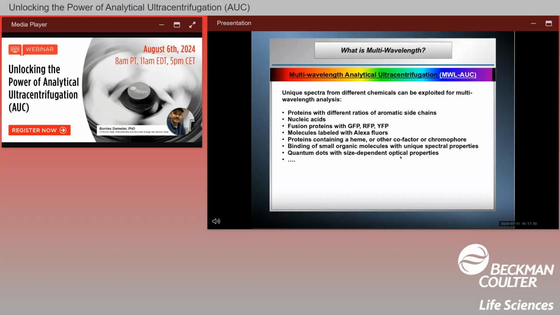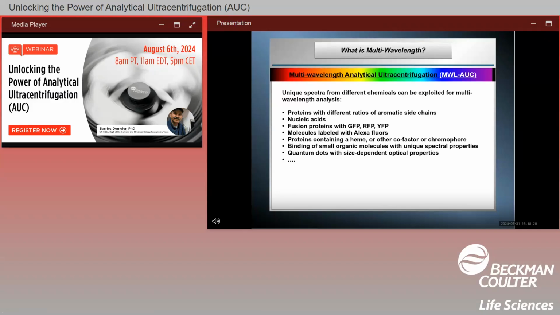So what can multi-wavelengths analytical ultracentrifugation then be used for? We have unique spectra from different chemicals that are mixed together in a solution, and we can then exploit that in our multi-wavelengths analysis by characterizing, for example, proteins that have different ratios of aromatic side chains to the backbone of the protein, where we can observe the amide backbone absorbance between 240 down all the way to 210 nanometers.